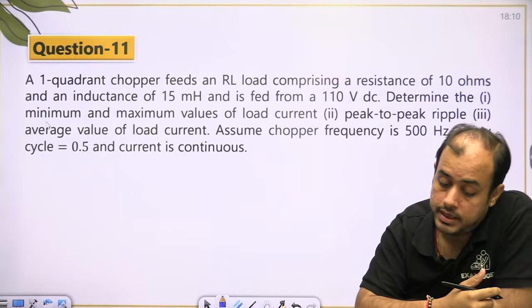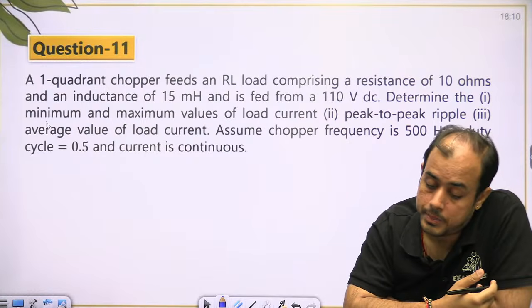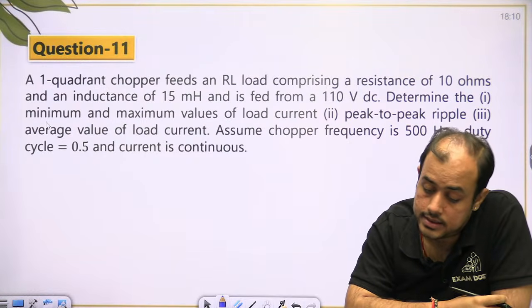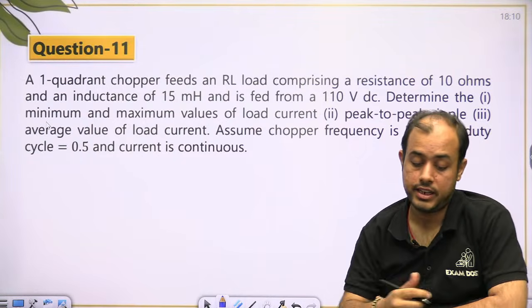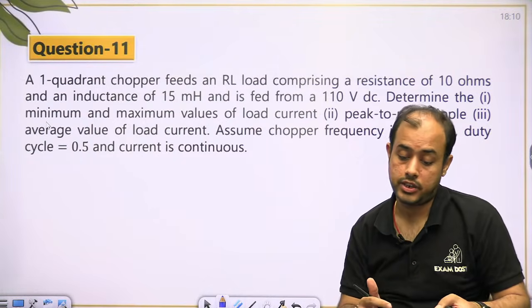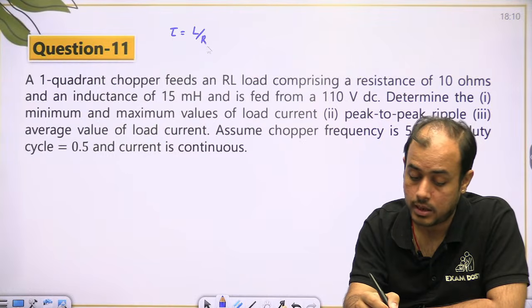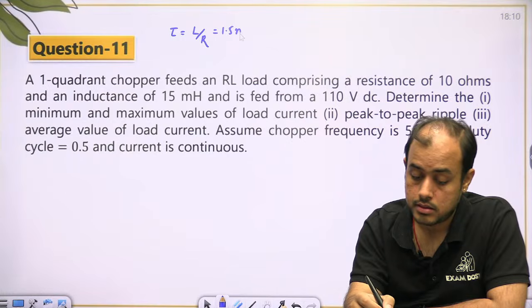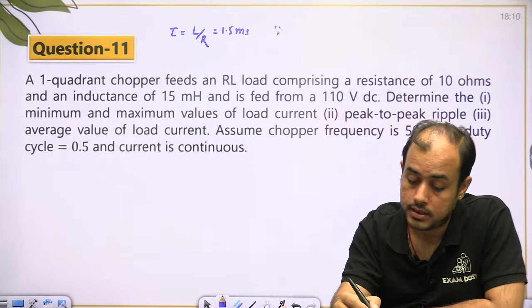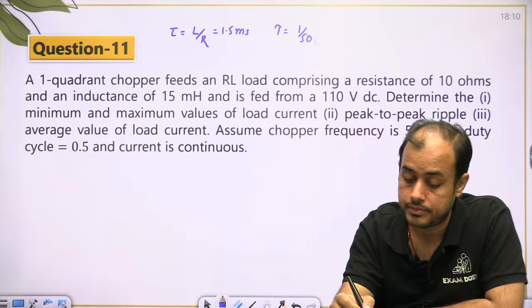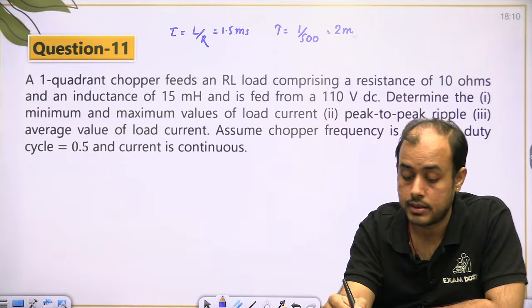बहुत बढ़िया शुभदीप भाई. One quadrant chopper feeds the RL load, resistance, inductance, supply, max and min, peak to peak ripple, average, duty cycle, current is continuous. So first let us check tau, L by R. What about the time period? 1 by 500, 2 millisecond.